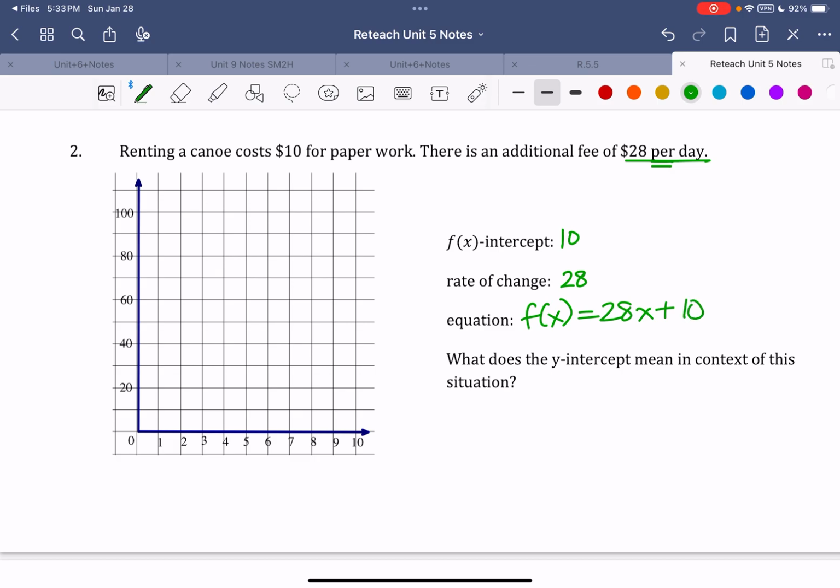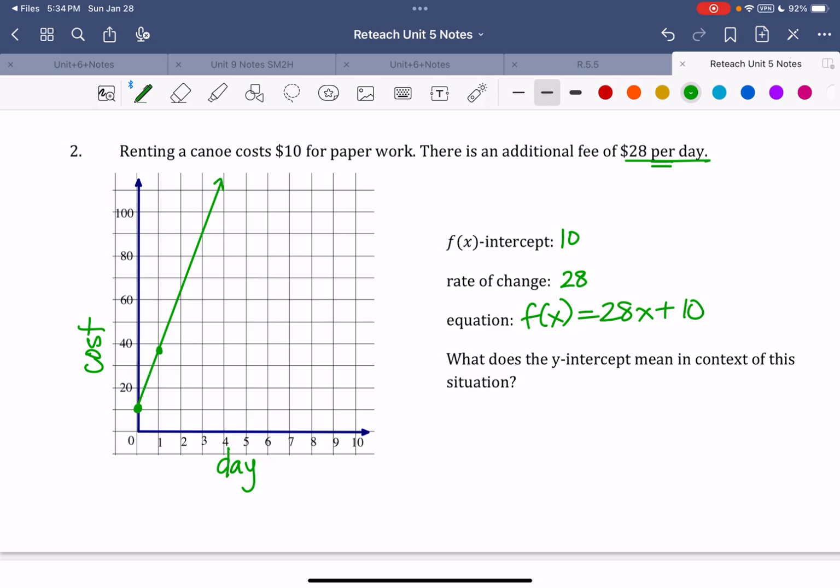So our x-axis represents the number of days, and then our cost is going to be what our f of x axis represents. So we started with 10 and then we went up $28 a day. So if we took 10 and we added 28 to that, that would give us 38. So about there. And then it just rises from there depending on how long you rent that canoe for.